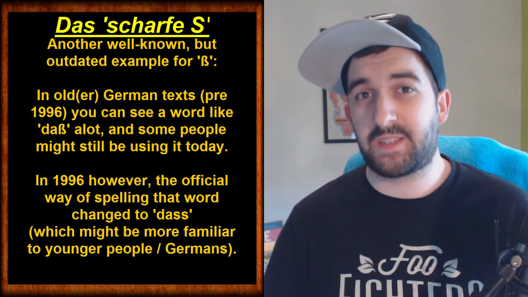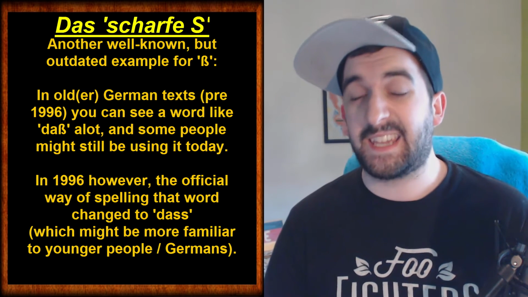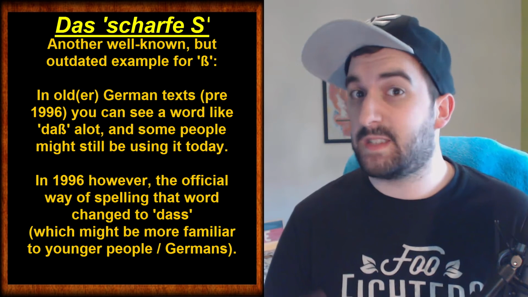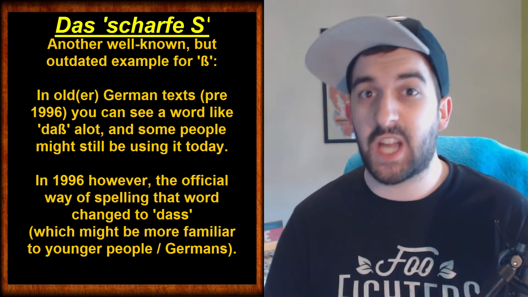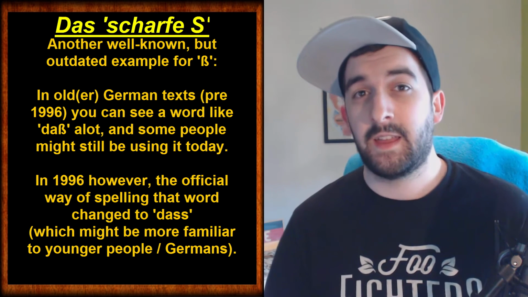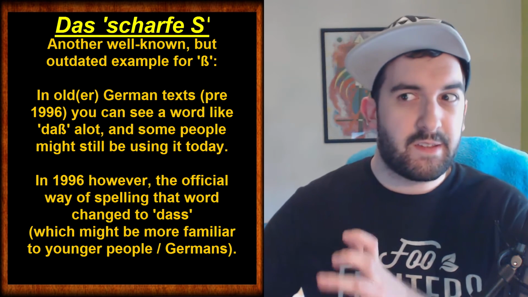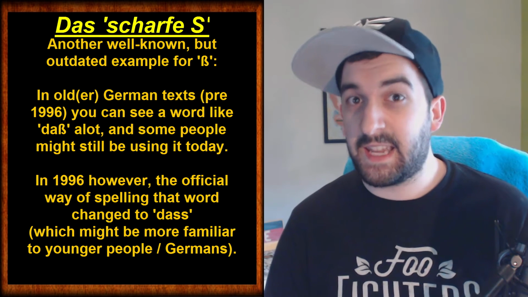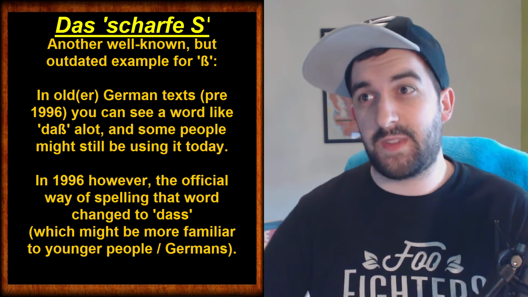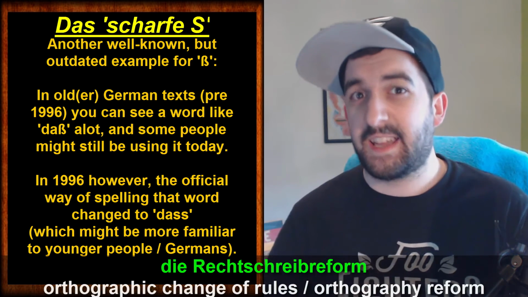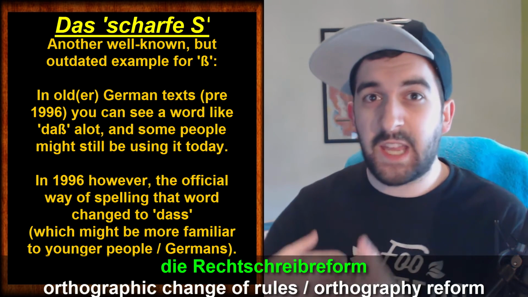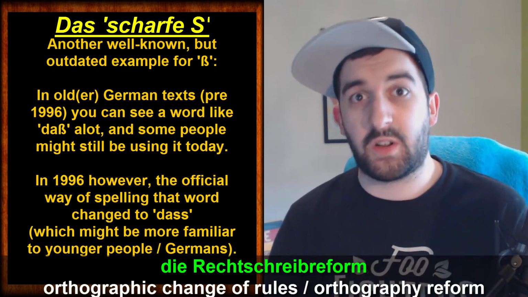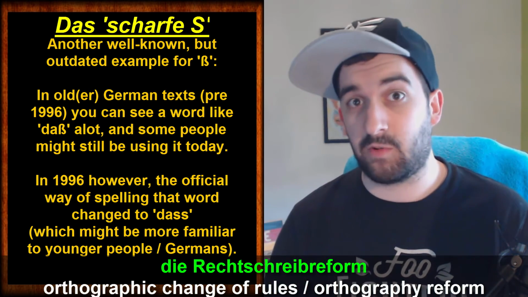In rather older texts, you might also come across a word like daß. Nowadays, you will find this word spelled with double S instead of a scharfes S, a sharp S. And this has to do with a change of rules that took place in 1996, a so-called Rechtschreibreform, a change of rules regarding orthography, Rechtschreibung.